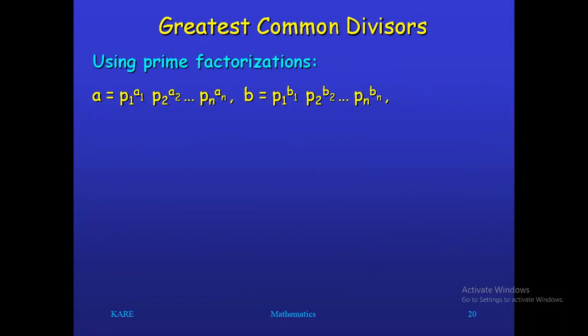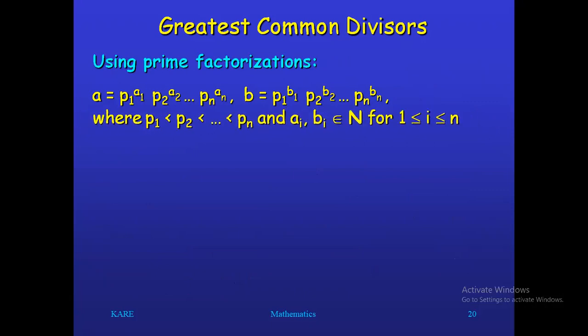This is using prime factorization. A is equal to P1 power A1, P2 power A2, and so on up to Pn power An. And B is equal to P1 power B1, P2 power B2, so on up to Pn power Bn, where P1 is less than P2, and so on, less than Pn, and ai, bi are natural numbers, with i between 1 and n.